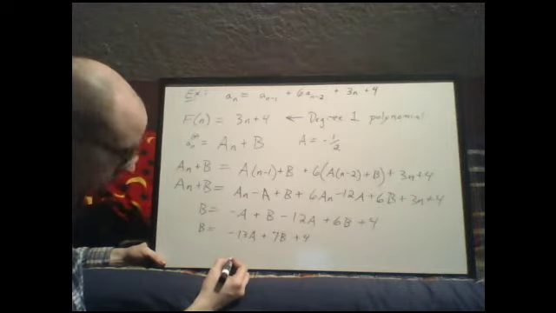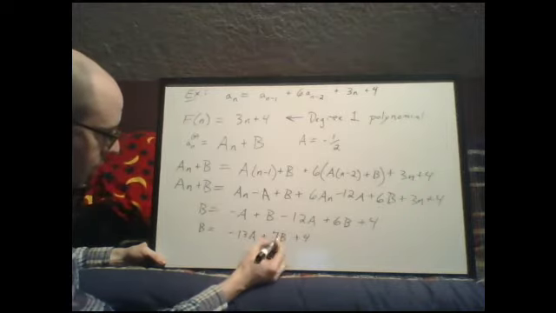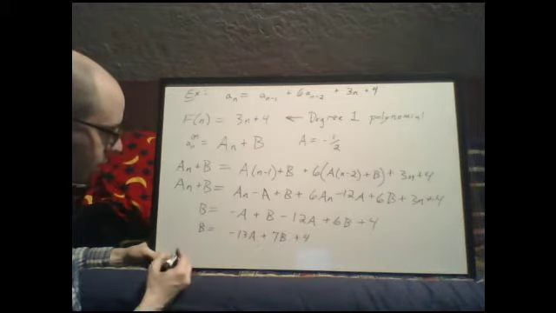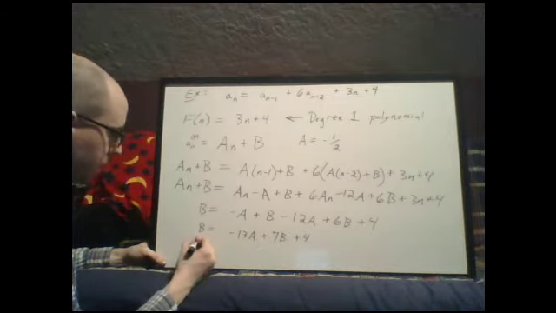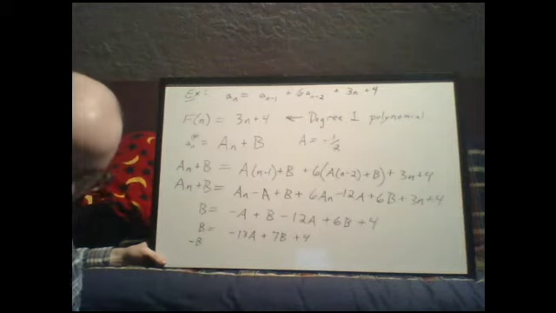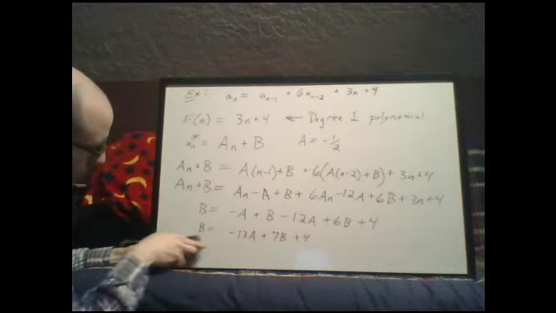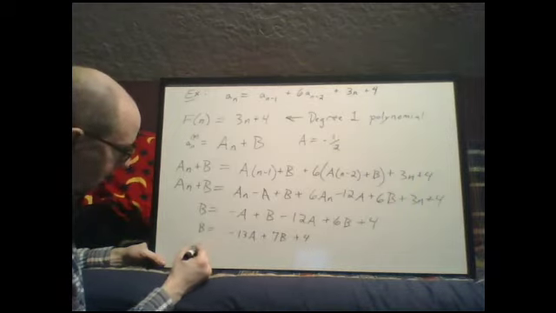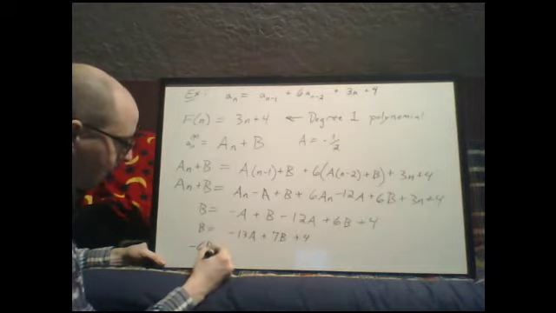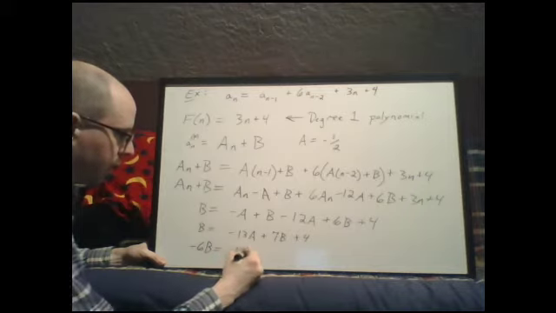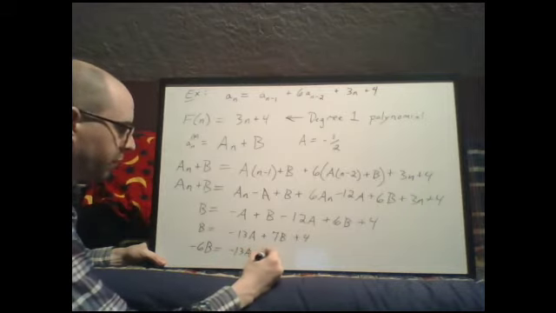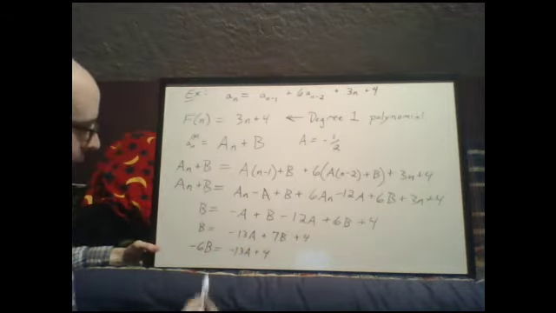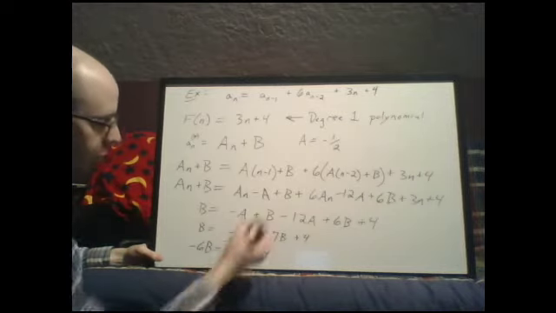So let's subtract 7B from both sides. So negative 6B equals negative 13A plus 4. But now we know what A is. It's negative 1/2.